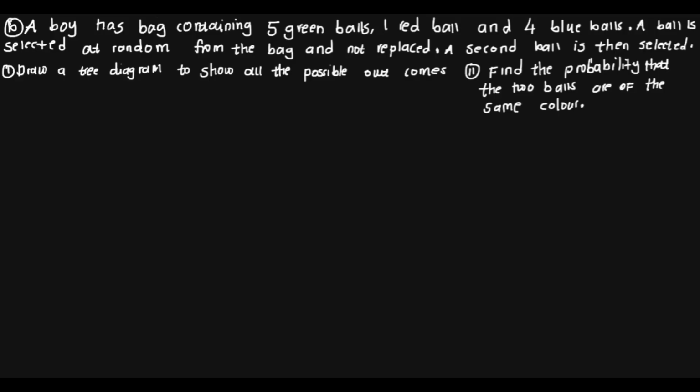So first, let's look at how many outcomes we have. Here we can see that we have the first one, green, then red and blue. So we are dealing with 3 chances, so our tree diagram will have 3 branches.